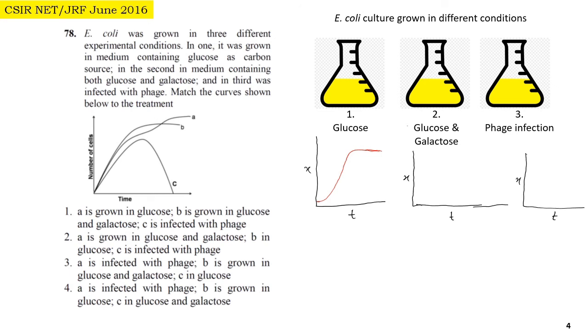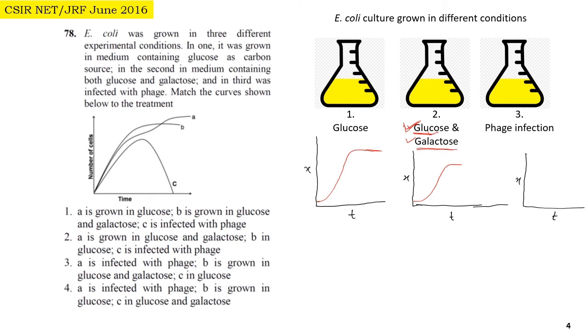Now in case of glucose and galactose, we have studied about catabolite repression. So obviously bacteria will like to utilize glucose as a food source. So bacteria will start utilizing glucose and start dividing, and there will be a log phase and then a stationary phase. But in this case, bacteria have a chance to utilize this second carbon source after glucose completely depletes from the media.